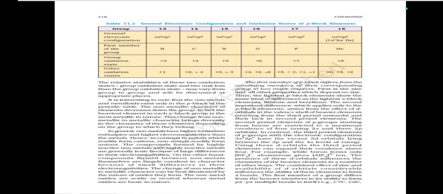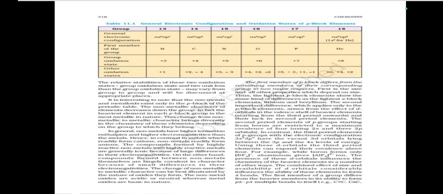The second difference arises from the effect of d orbitals in the valence shell of heavier elements, starting from the third period onwards, and their lack in second period elements. The second period elements, from boron onwards, are restricted to a maximum covalence of 4, using 2s and the three 2p orbitals.